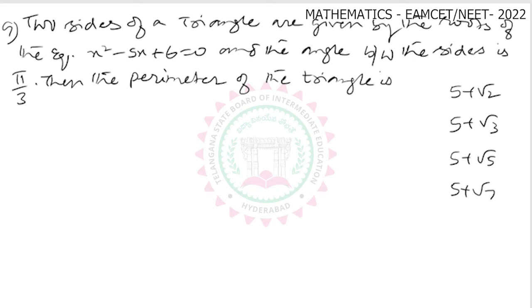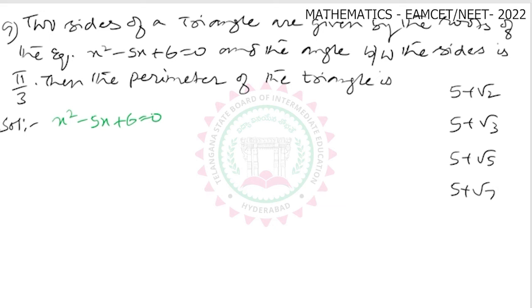Okay. Now, first of all, I have to find the roots of the given equation. So x square minus 5x plus 6 is equal to 0. This is a quadratic equation. If I solve, what are the roots? 6 splits as minus 3 and minus 2, which add to minus 5. 3 2s are 6.